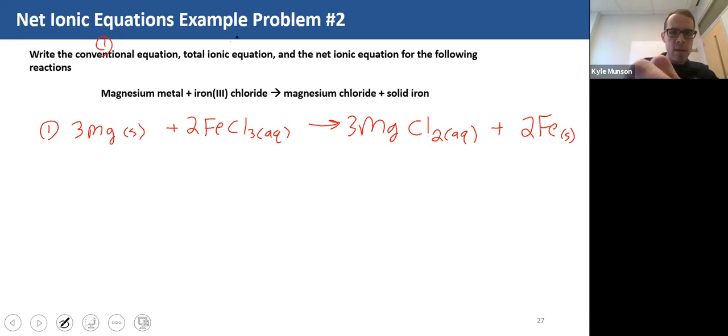So now let's do the total ionic equation. Okay, so again, leave together everything that is a solid. Break apart everything that is aqueous.